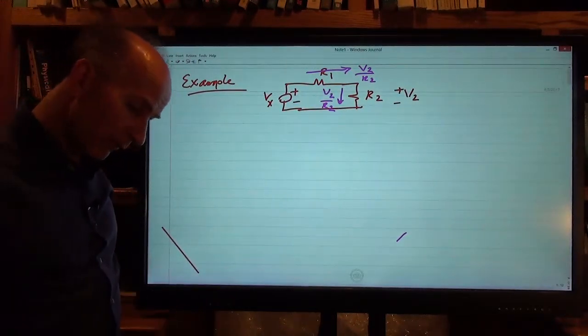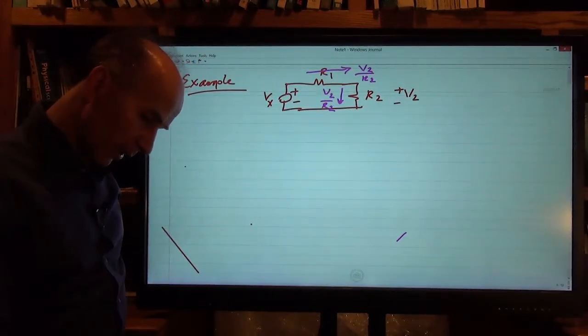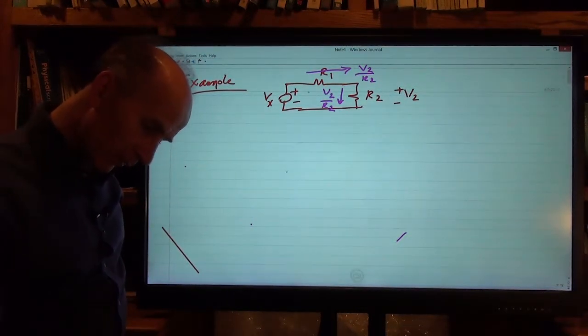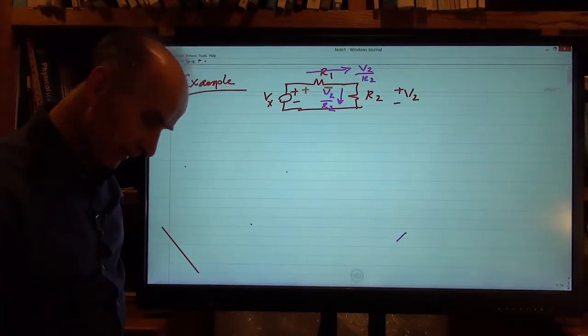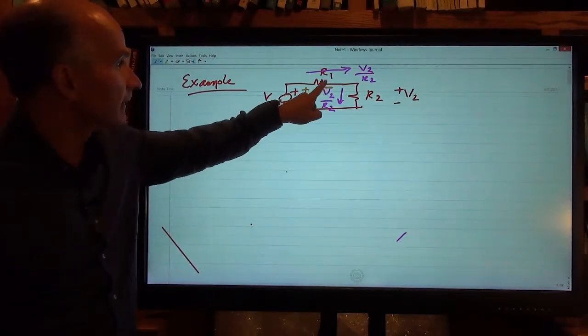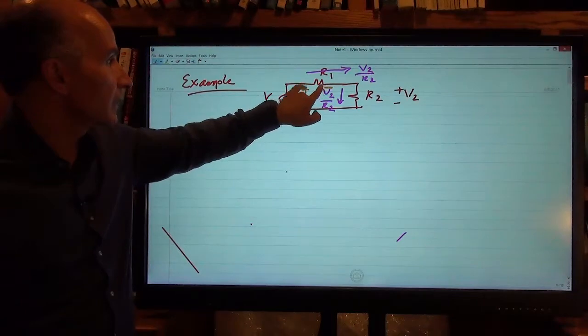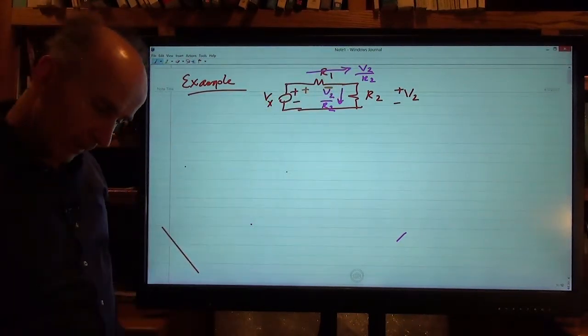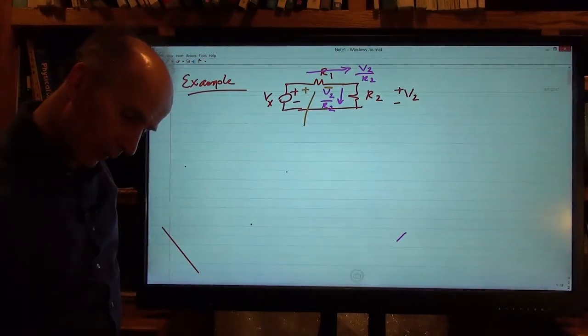So there will be a voltage drop across R1. I'll change the color again to maybe orange. There will be a voltage drop from here to here, and that voltage is given by this resistance times the current through it. So that voltage is now equal to R1 times V2 over R2.